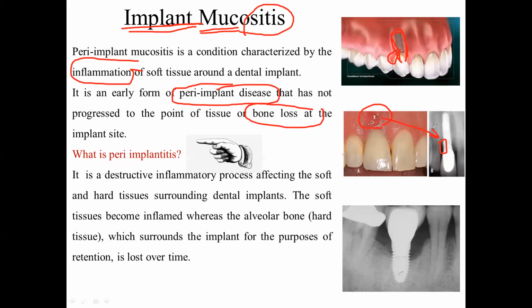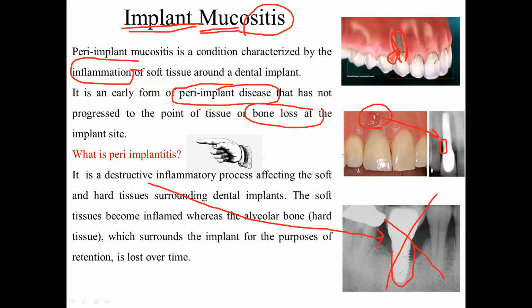But if you don't treat it and the patient does not come to you, then it can turn to peri-implantitis, and that is a destructive condition where the bone surrounding the implant gets inflamed, and with the passage of time, the bone present around the implant is removed by osteoclastic activity and inflammatory condition, and ultimately your implant becomes loose and fails.